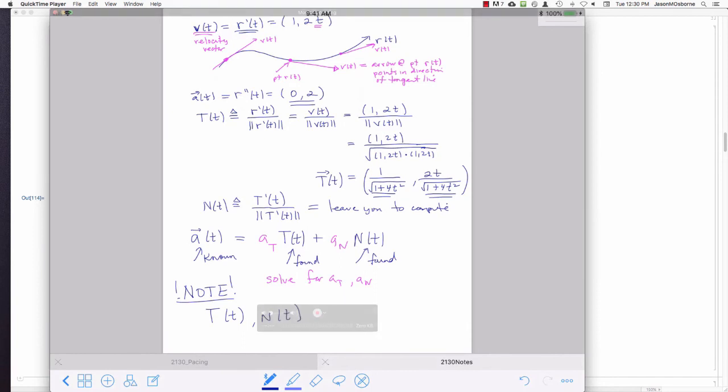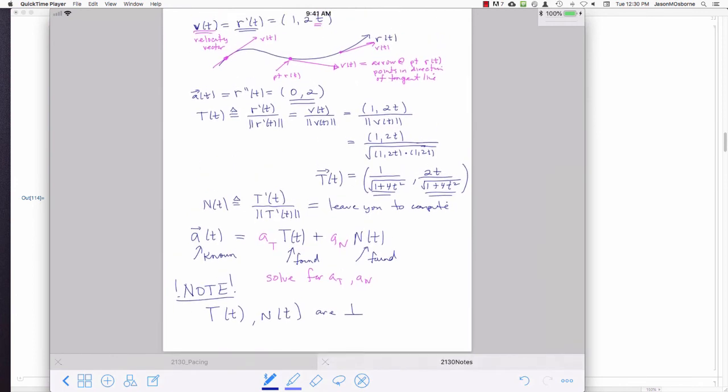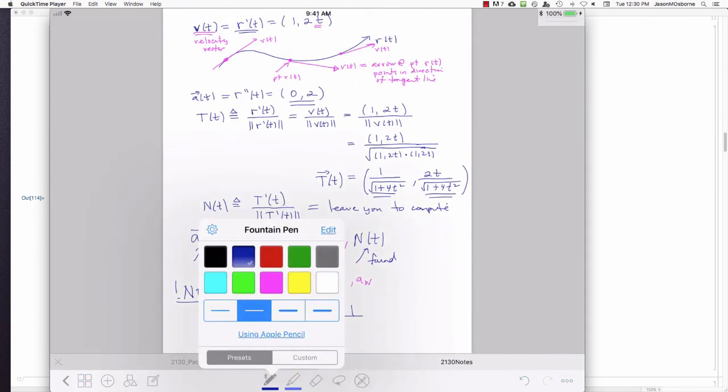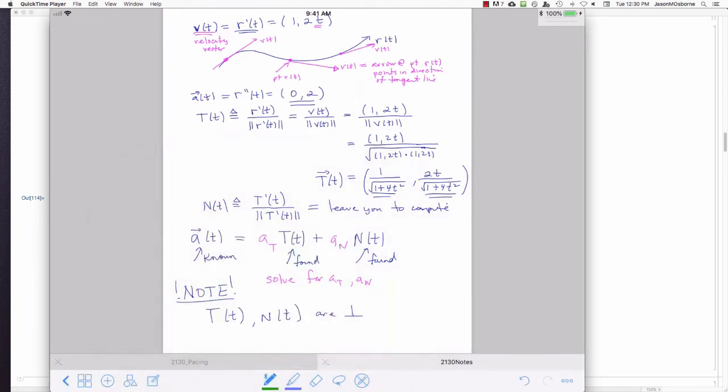Note that t and n are perpendicular to each other. And you can use this trick. It's not really a trick, it's more a fact.